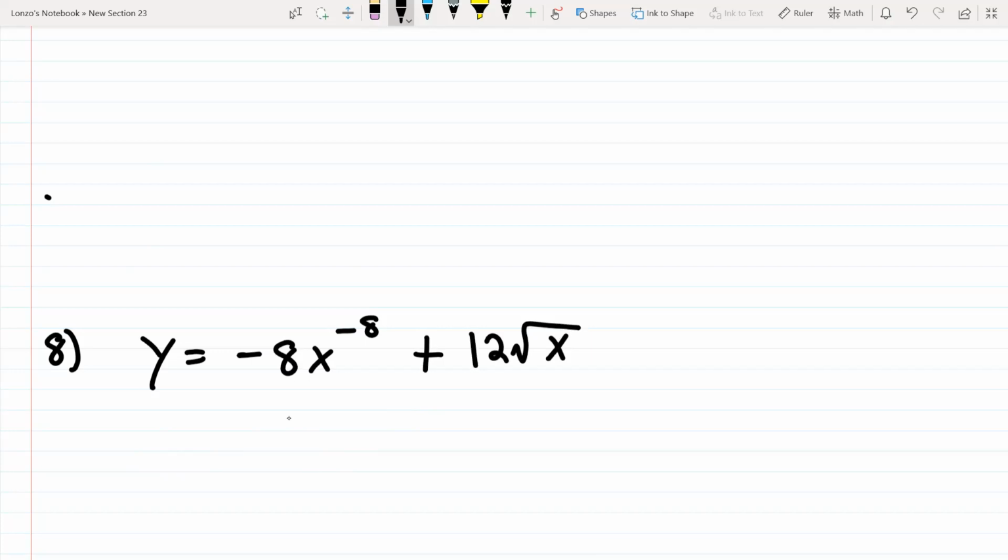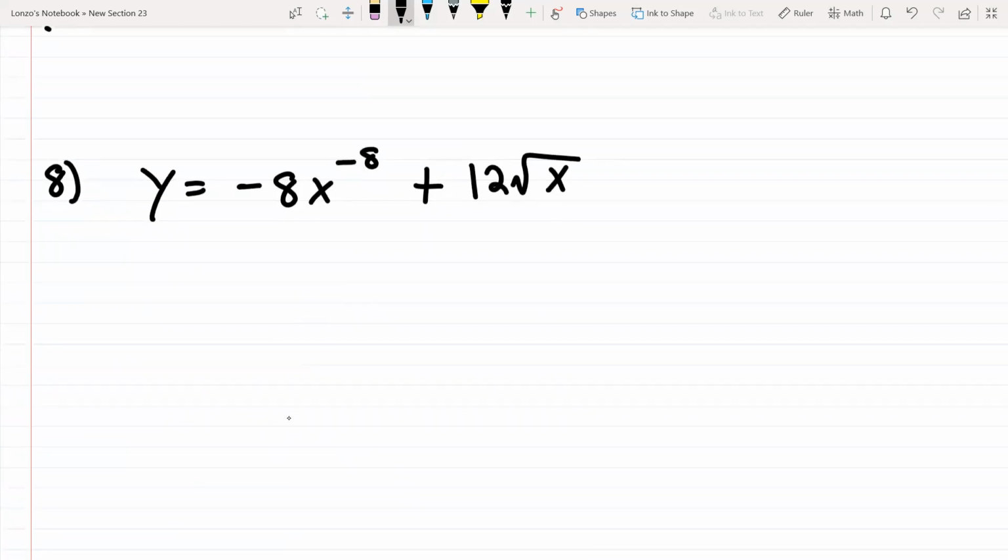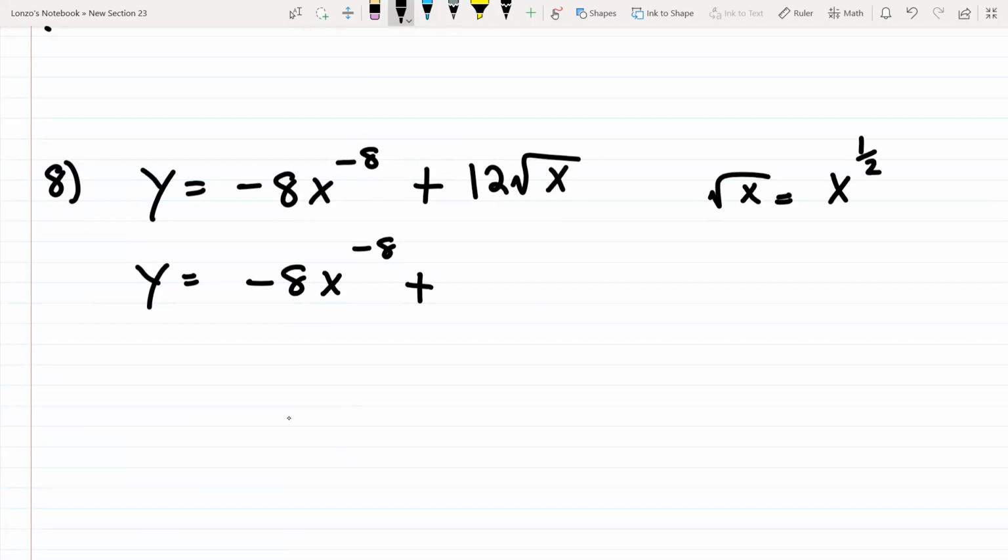What I would do is maybe I could put everything in terms of power. So I could rewrite this as -8x to the -8, and then plus 12 square root of x. In power form, square root of x would be equal to x to the 1/2.